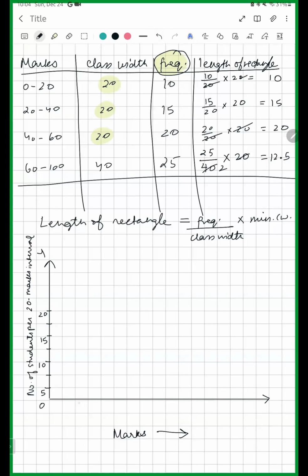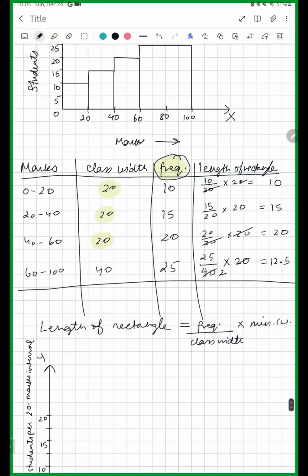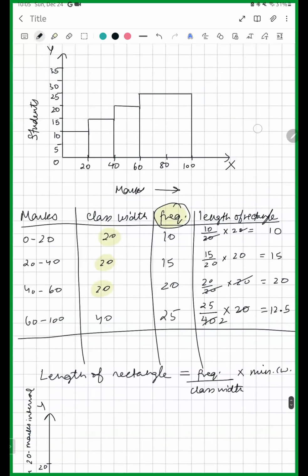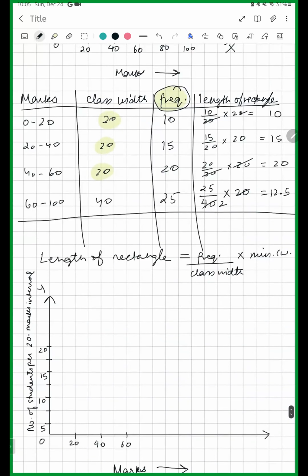And now your marks are going to be 20, 40, 60. The same thing which we had done in the previous one. The x-axis will be the same, only the y-axis will change. 80 and 100.